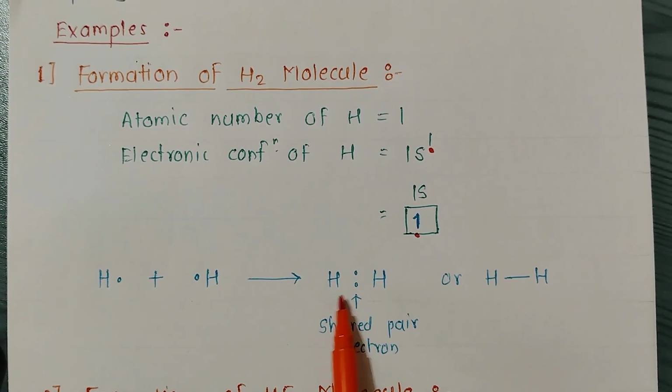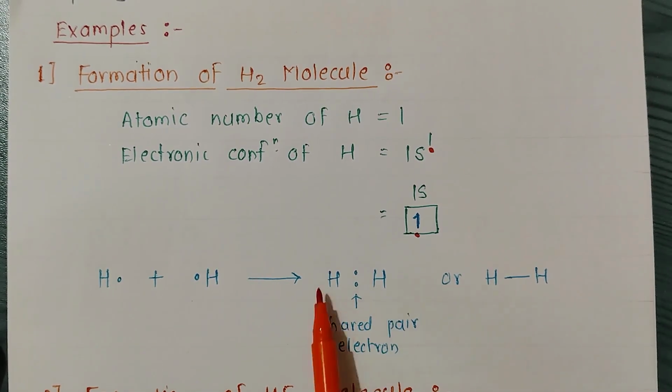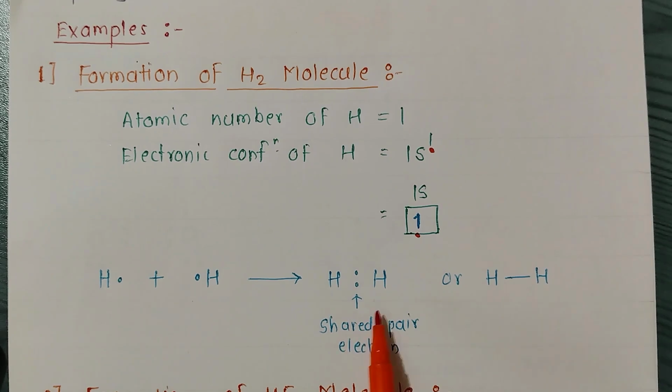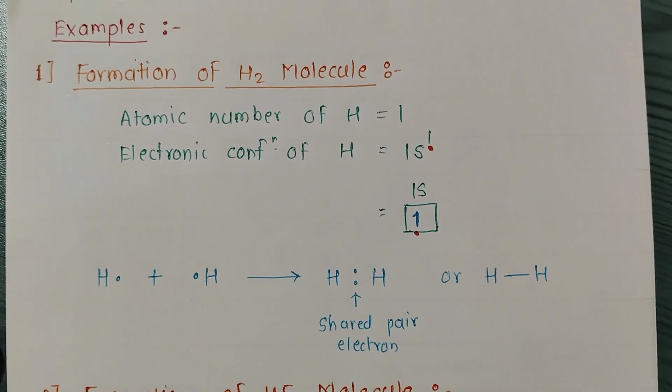Then there is a formation of the H2 molecule, and both get 2 electrons, both completing their 1s orbital, and there is a formation of a hydrogen-hydrogen covalent bond.